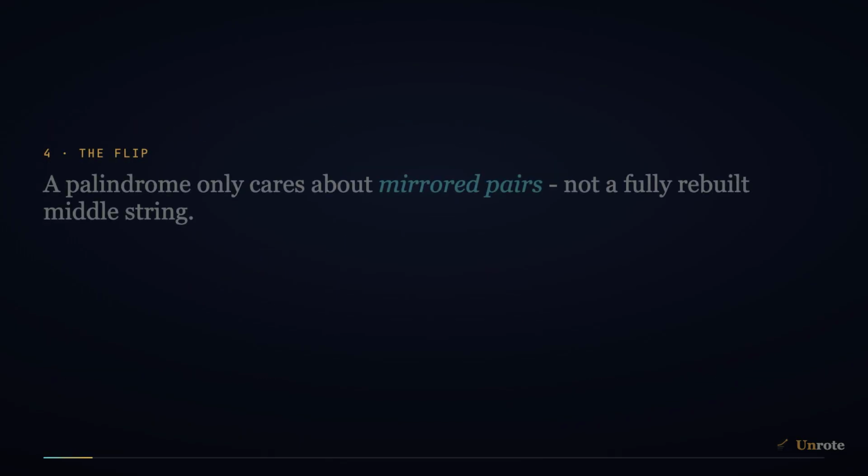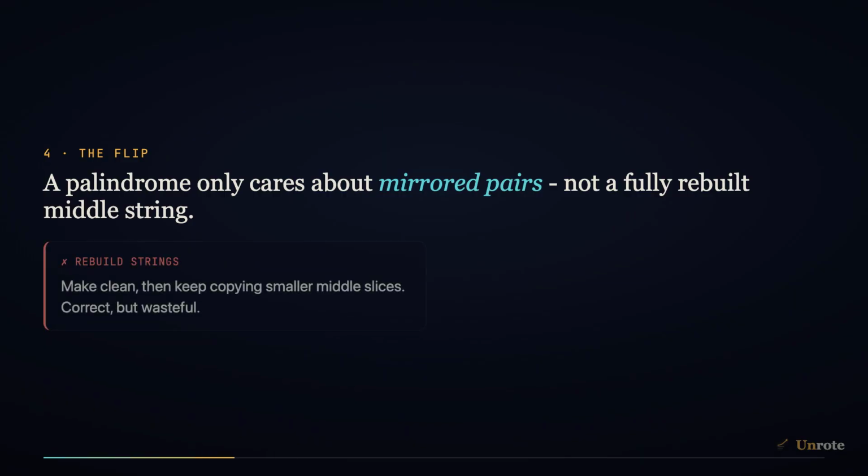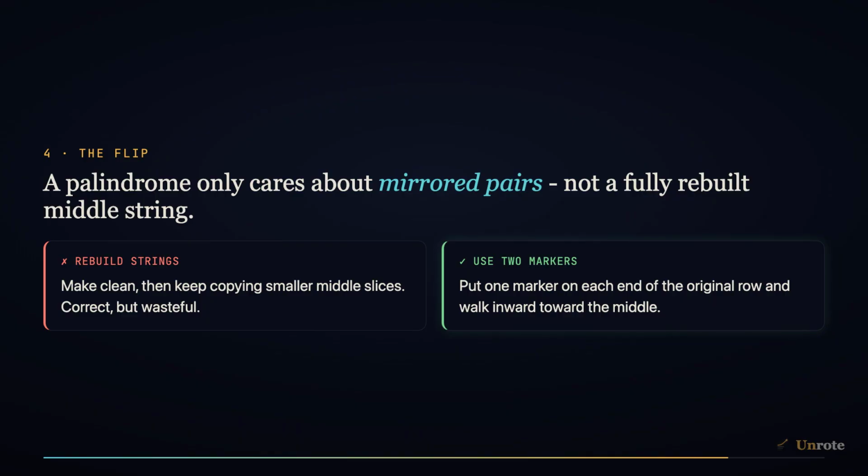Now for the flip. A palindrome never actually needs the whole cleaned string sitting in memory at once. It only ever asks about mirrored pairs, this useful character on the left and that useful character on the right. So instead of manufacturing new middle strings, put one finger on each end of the original row and walk them toward the middle.